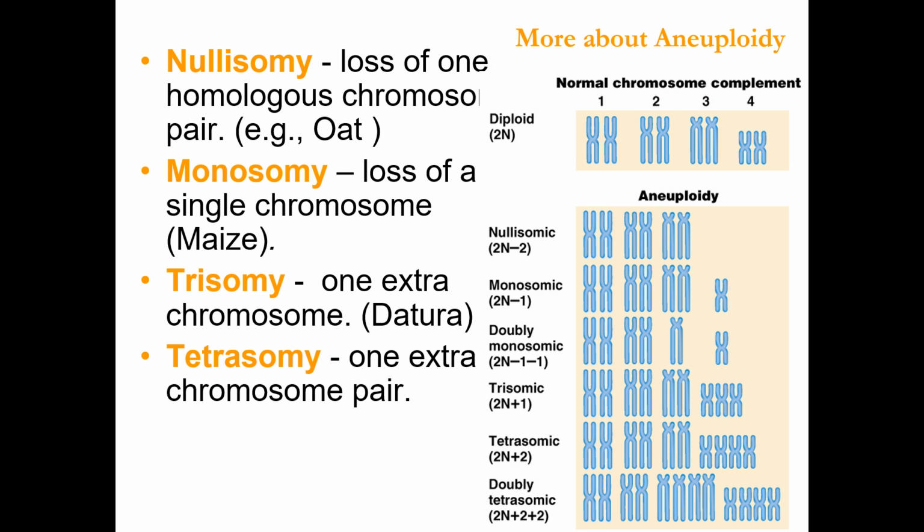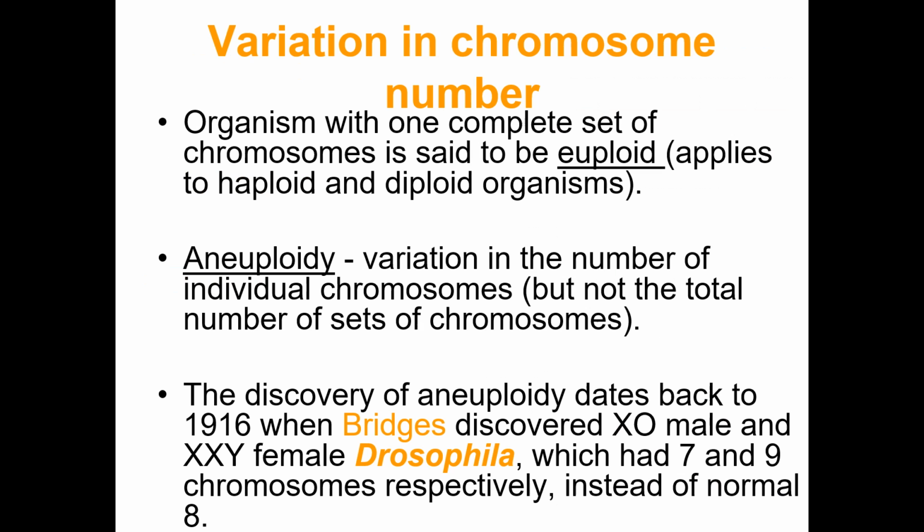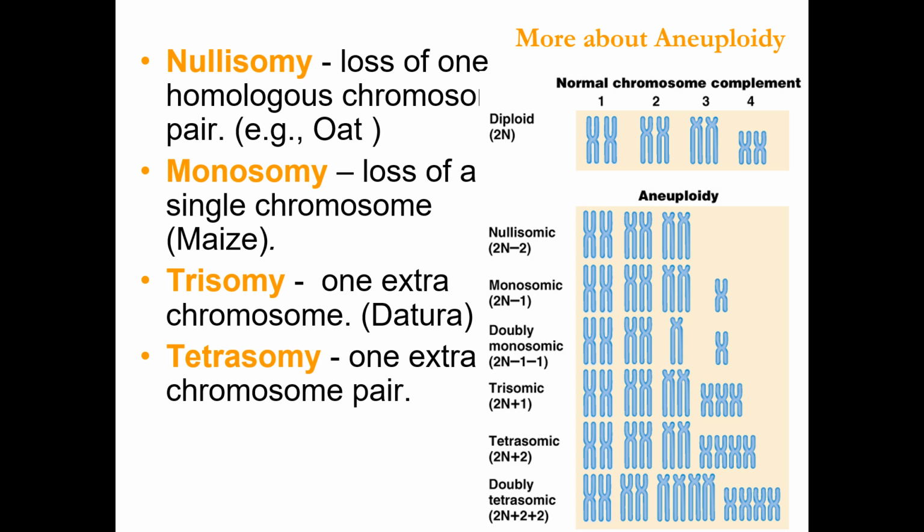Then this aneuploidy, we have four more categories. One is nullisomy, monosomy, trisomy, and tetrasomy. Now let's try to understand this.